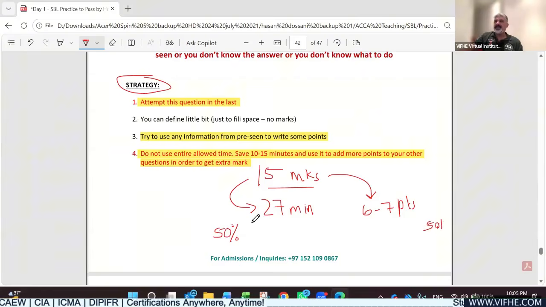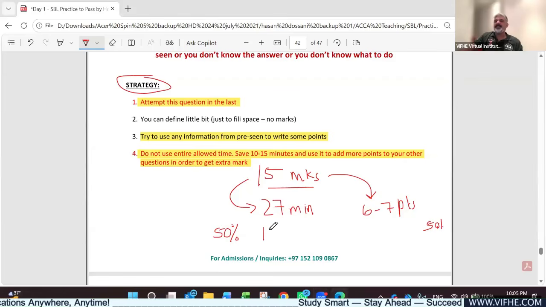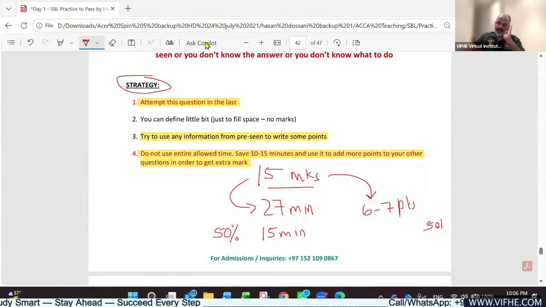So what is 50% of the time? Instead of 27 minutes, I will consume, let's say, 15 minutes, a round figure. Is that clear? I will only spend 15 minutes instead of 27 minutes. Why am I spending just 15 minutes and not the full time?